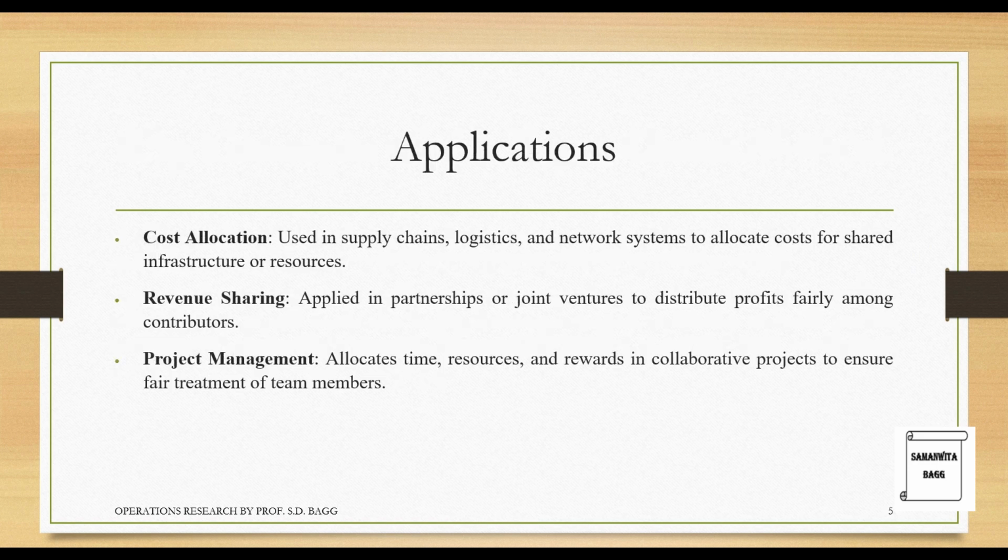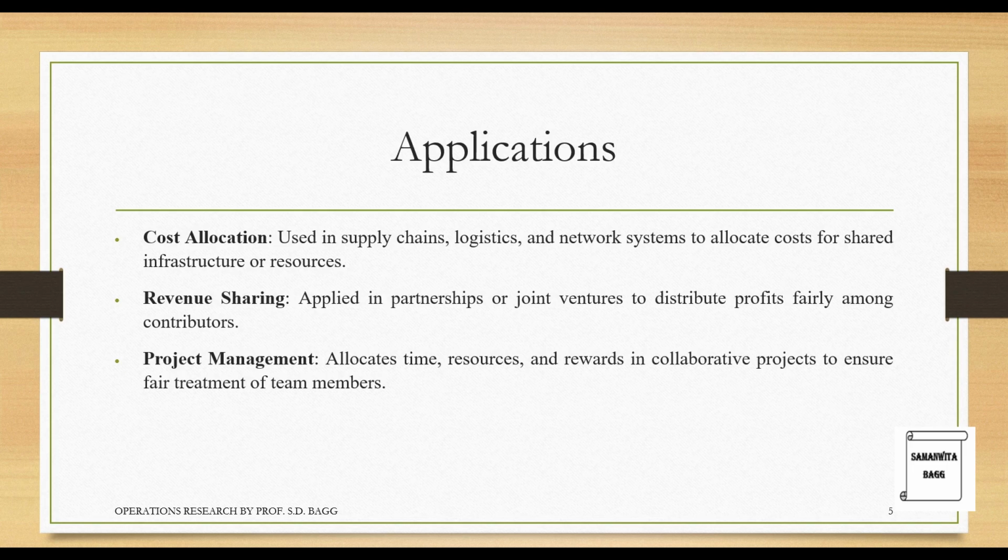Applications. Cost allocation used in supply chains, logistics, and network systems to allocate costs for shared infrastructure or resources. So this is one of the places where you can use equal game method. Revenue sharing applied in partnerships or joint ventures to distribute profits fairly among contributors.